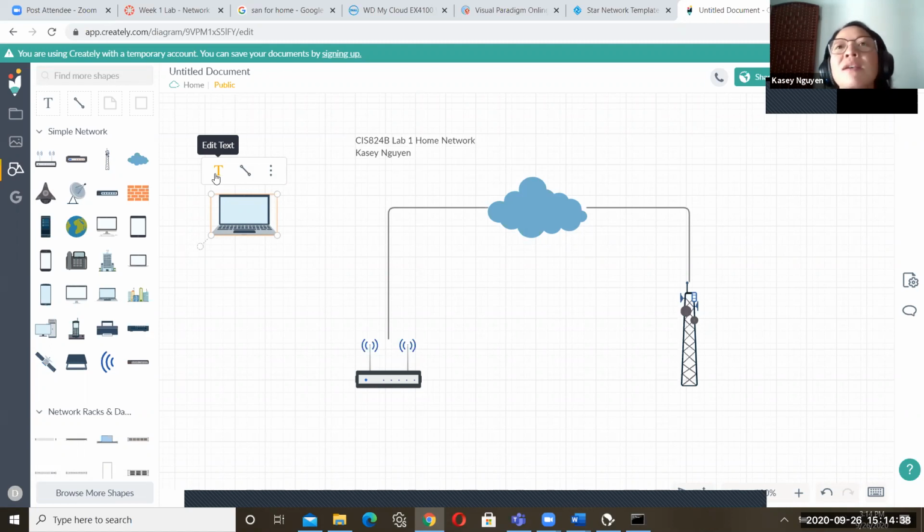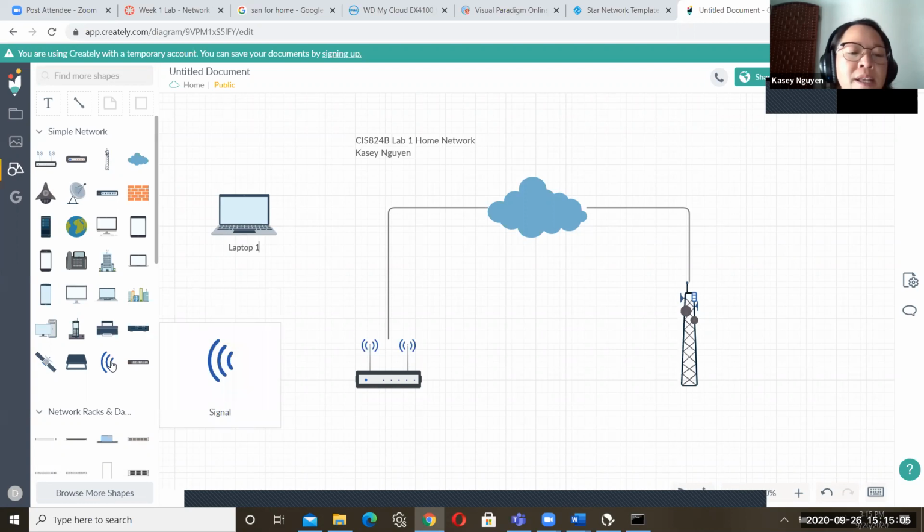So let's just arbitrarily give it a name. Laptop 1. Or if it belongs to your kid, you can put your kid's name there or initial, whatever. So we put laptop 1 because we're going to start throwing a lot of stuff on there and then you're going to get lost which is which. Okay.